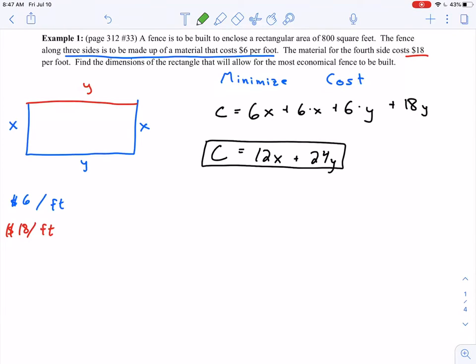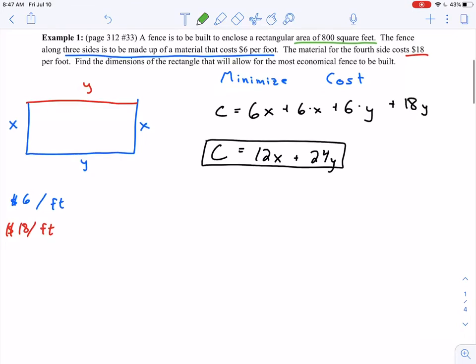It says a fence is to be built to enclose a rectangular area of 800 square feet. Well, shoot, that seems important. I haven't used that 800 square feet. If I want to talk about the area of this rectangle, area is length times width, or in this case, x times y. So okay, I know my area is 800 equals x times y.